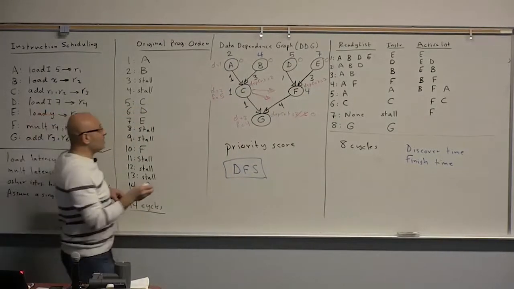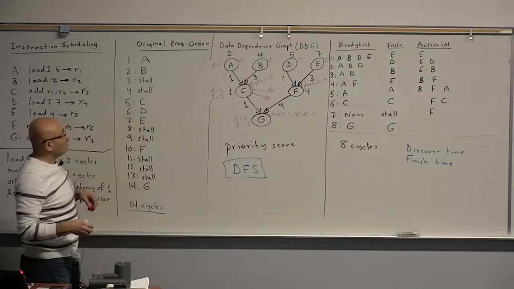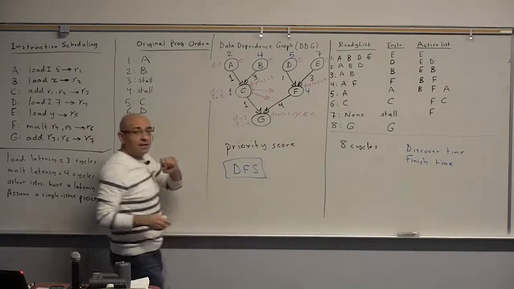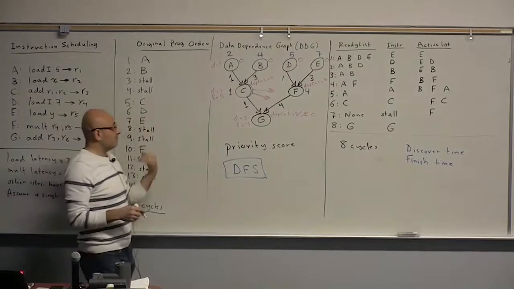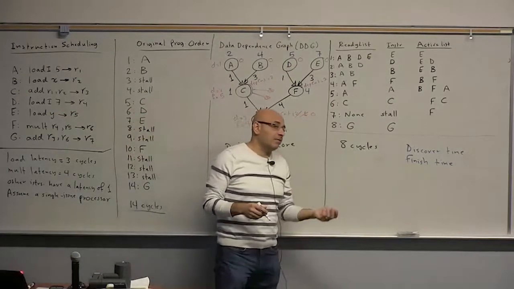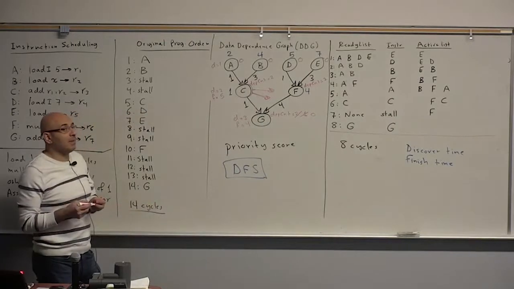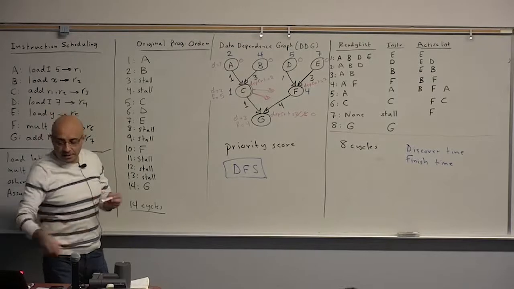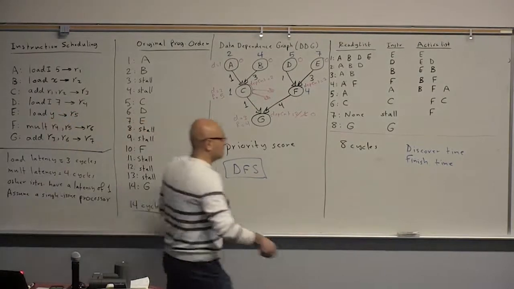Now when we finish a node in the DFS, we finish it after exploring everything that is reachable from it. So that would be a good time for calculating the critical path distance. How? Let's think of this in the general and abstract sense.